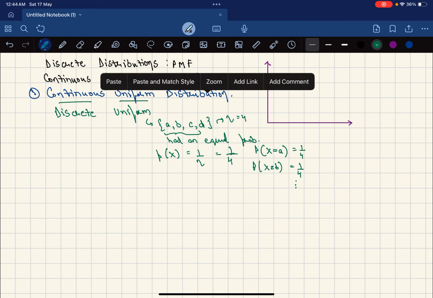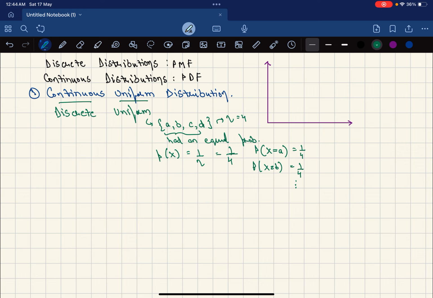Now, in the case of continuous distribution, since there are multiple or infinite number of values which are possible for the distribution, what we do is we create a range in which the uniform distribution is defined. So let us say we take two values on the x-axis, let us say a and b, where b is clearly greater than a. Now for a uniform distribution, the probability value has to be equal for each value in the distribution.